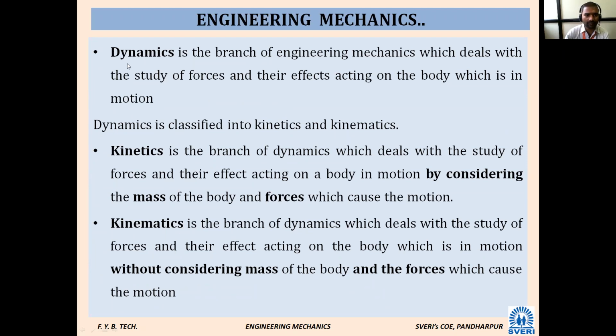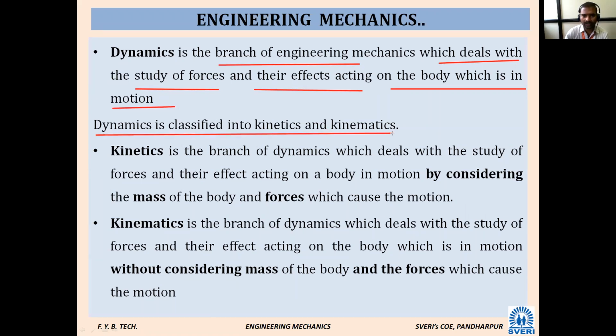Dynamics is a branch of engineering mechanics which deals with the study of forces and their effect acting on the body when the body is under motion. Again, this dynamics is classified into two types, kinetics and kinematics.